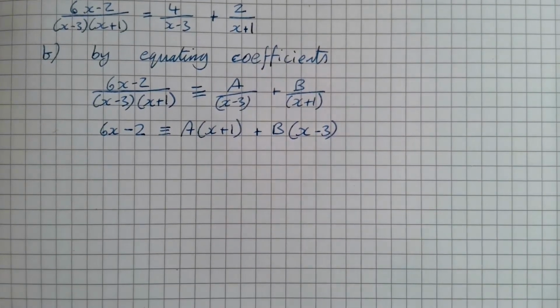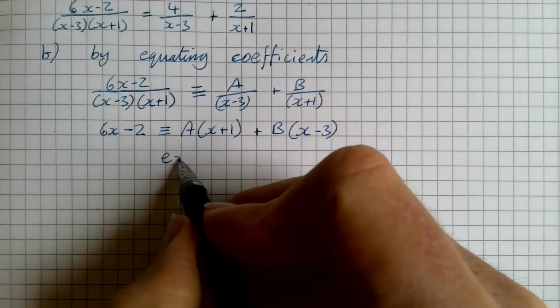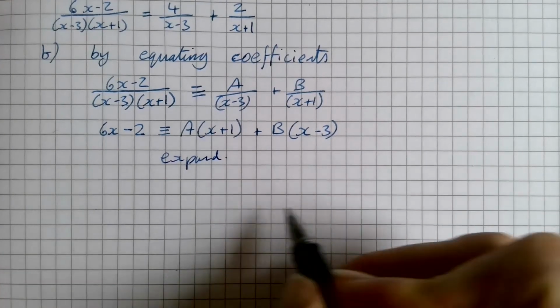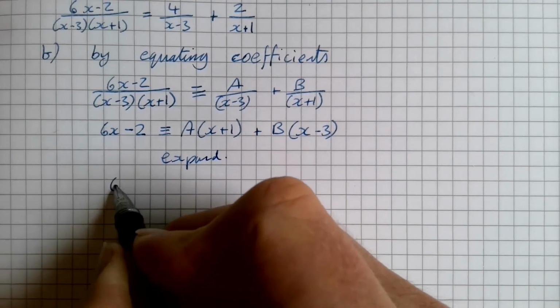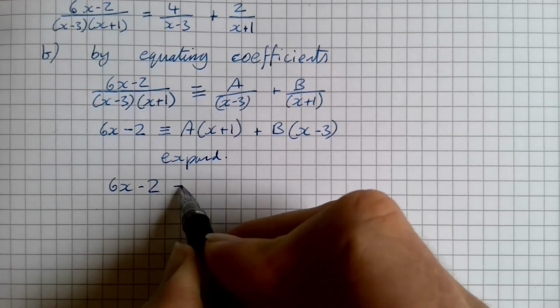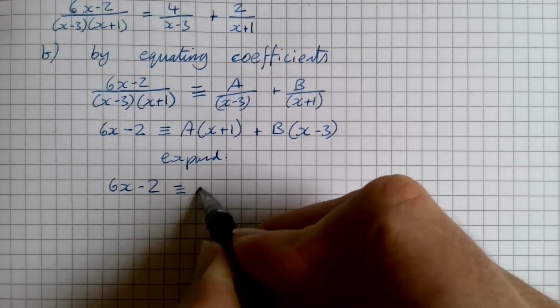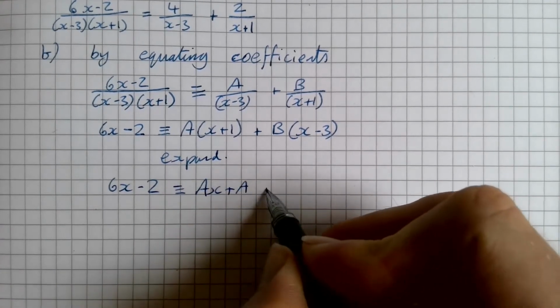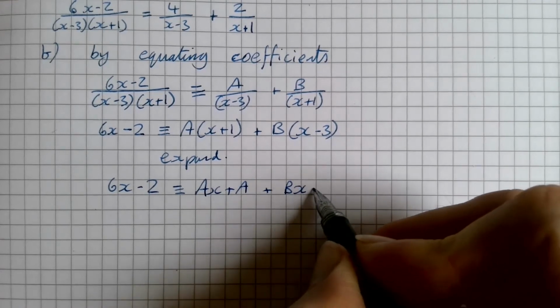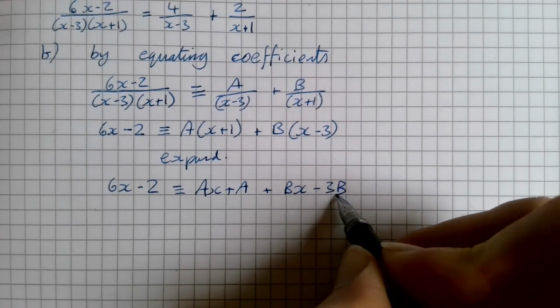And if we expand the brackets now, we get the fact that 6x minus 2 is identical to ax plus a plus bx take 3b.